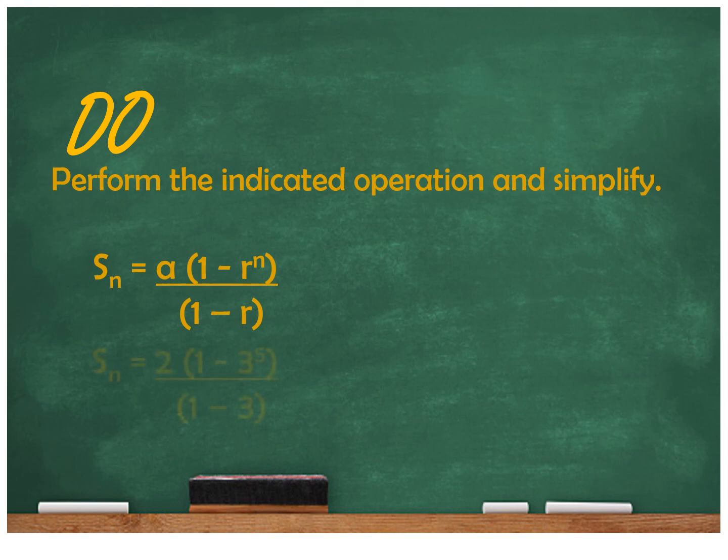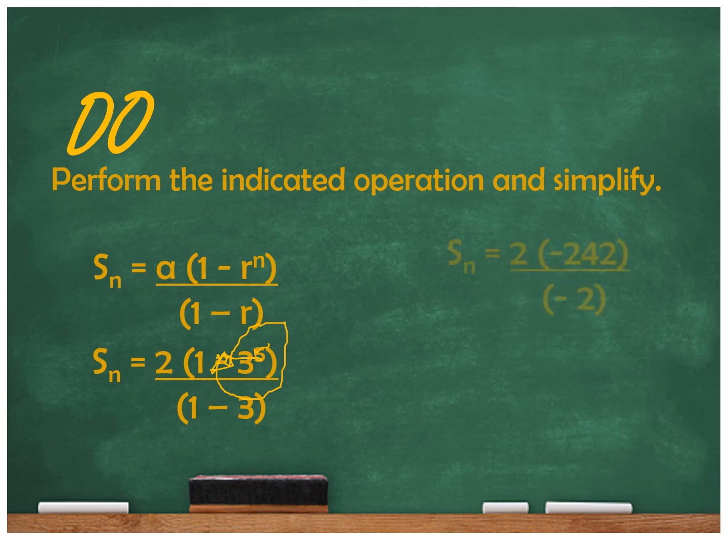So 3 raised to 5, we start with this. 3 raised to 5 is multiplying 3 five times by itself. So that is 3 times 3, 9, times 3, 27, times 3, 81, times 3, 243. And 1 minus 243 gives us negative 242.